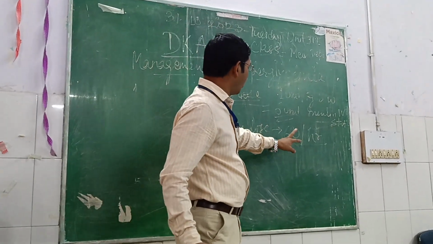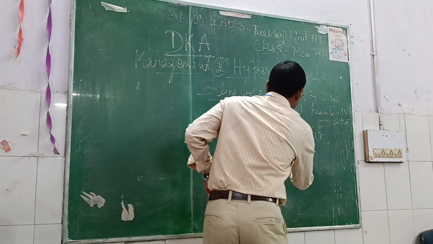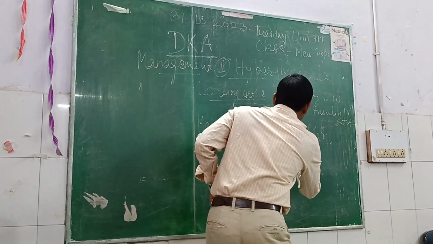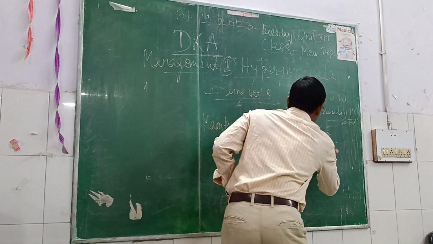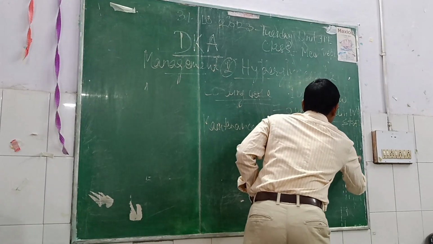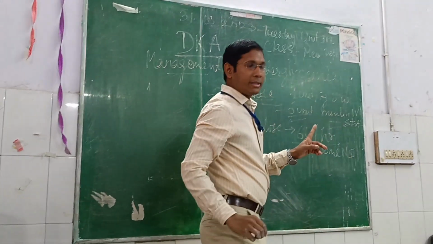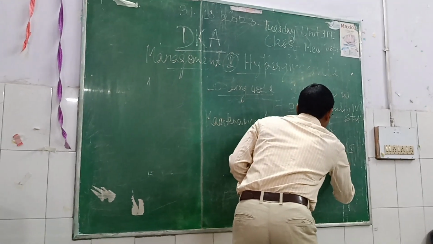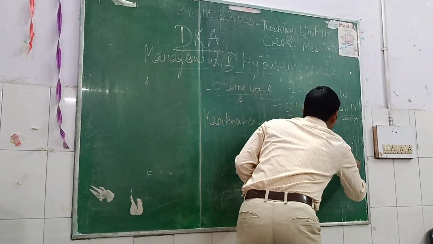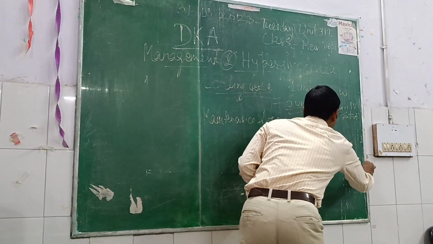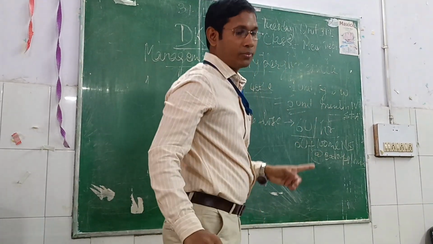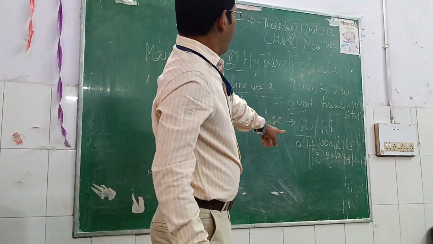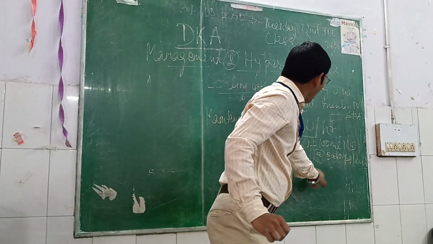So what you can do, you can mix 6 units of insulin in 100 ml and give it at the rate of 30 drops per minute, with advice. What will be the advice? 30 drops per minute to be continued.